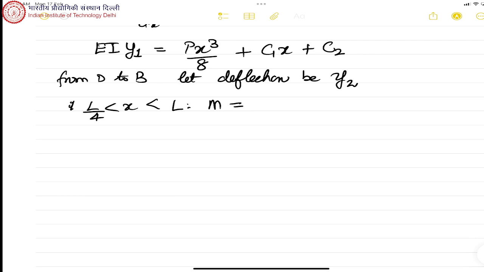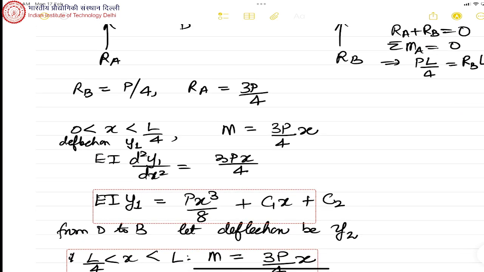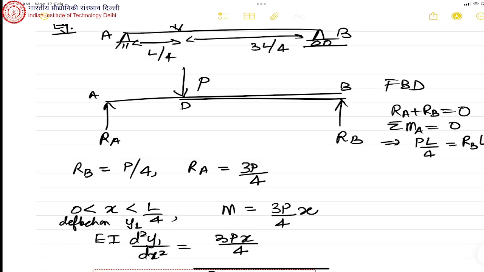So we start with the first force, it is 3P by 4, on all elements to its right it will cause 3P by 4 times x. Then there is a force of minus P acting, and for any section to its right, the distance will be x minus L by 4. So minus P times x minus L by 4.